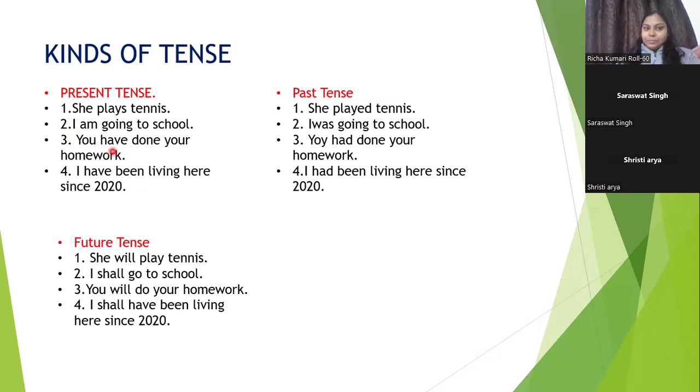So now number three, what is the verb here? Ma'am, have done. Have done, exactly. Now number four. Have been living. Okay, so Shaswat, tell me what is the difference in all these four sentences? She plays tennis. I am going to school. You have done your homework. I have been living here since 2020. What is the difference?